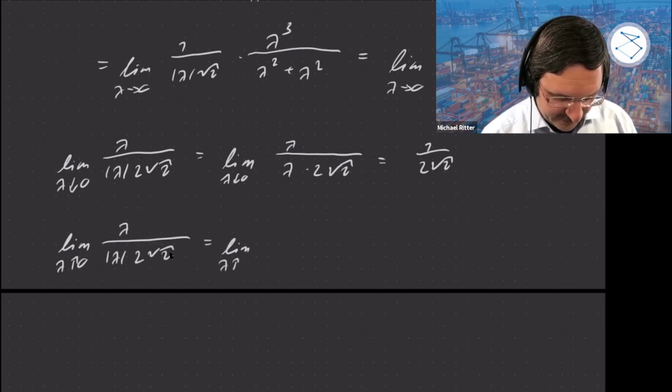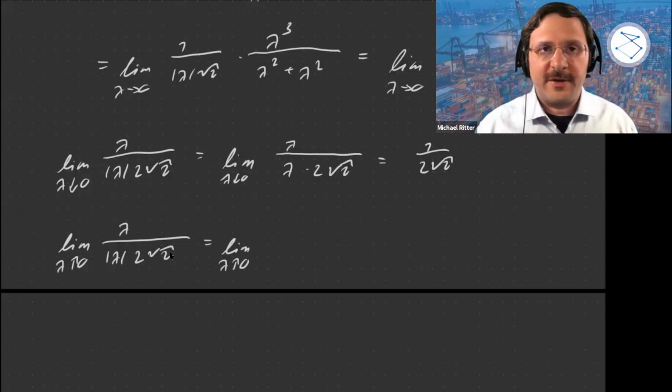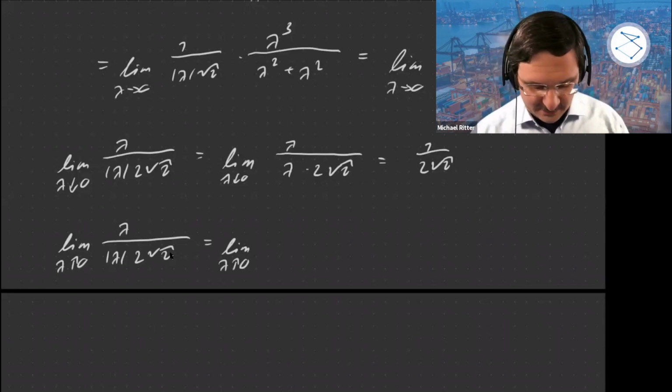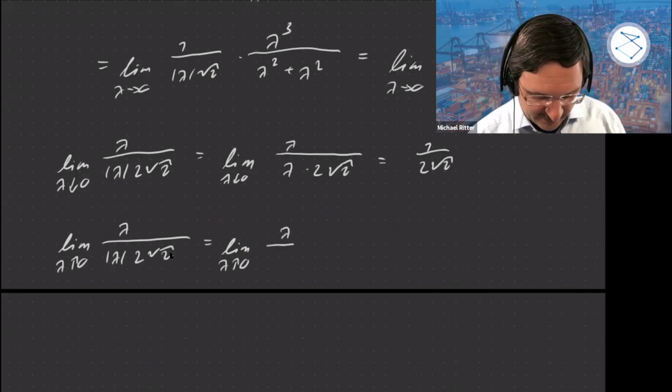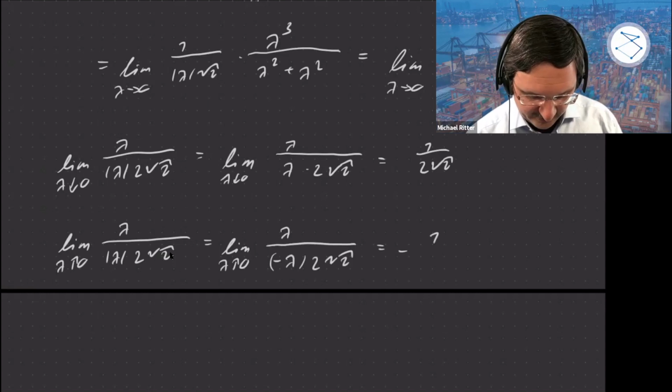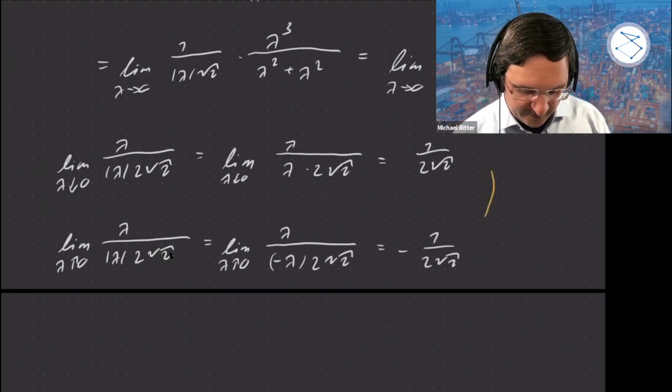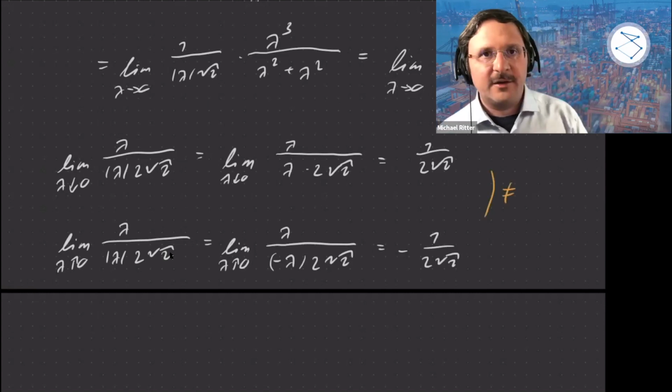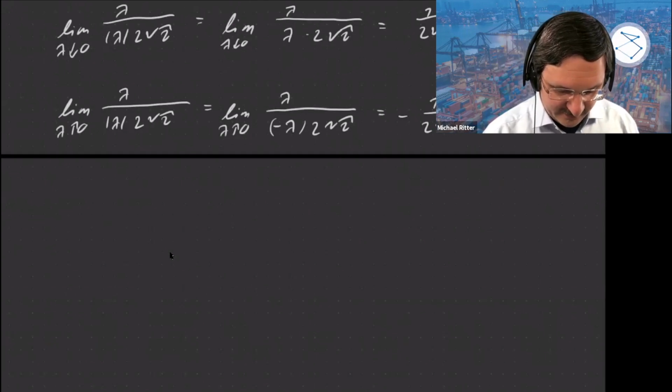Now in that case, lambda is negative. So that means the absolute value of lambda is minus lambda. So we get lambda divided by minus lambda times 2 square root of 2. And that's minus 1 over 2 square root of 2. And now obviously those two do not agree. So that means that limit does not even exist.